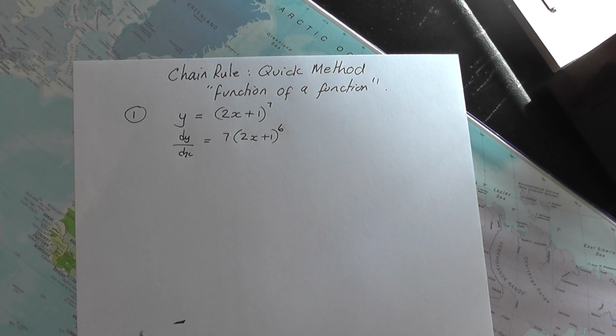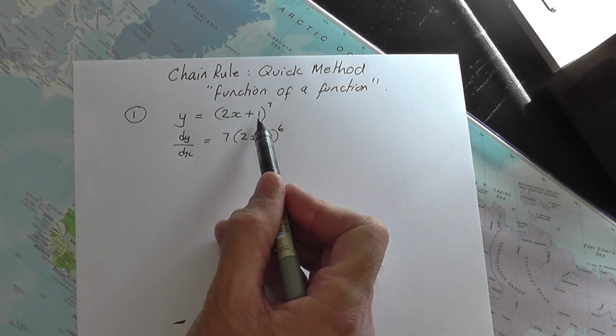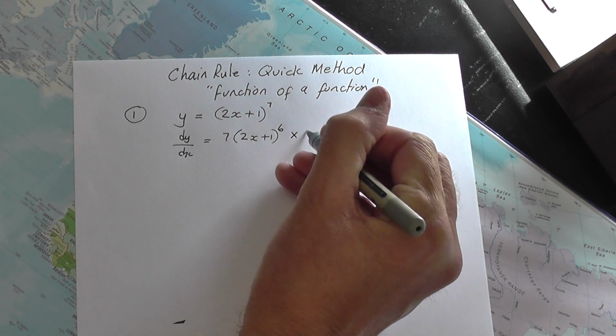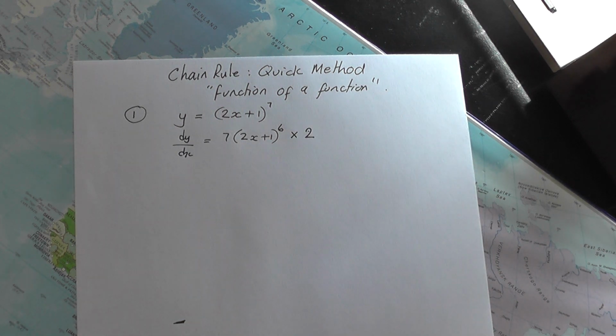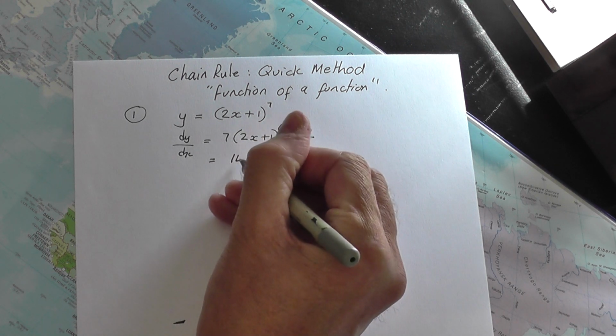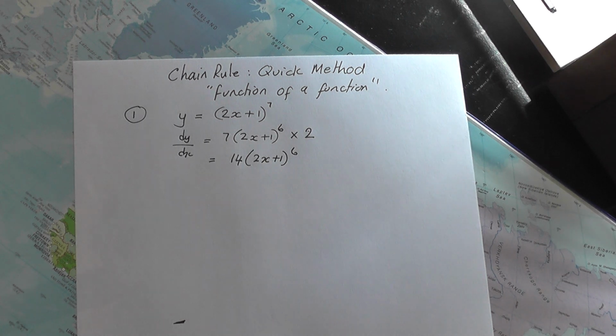What you now need to do is go inside to the minor function, which is the 2x plus 1 inside the bracket. You differentiate it to get 2: 2 for that, nothing for that. And you multiply by that 2. And this simplifies then to 7 times 2 is 14 lots of (2x plus 1) to the power 6.